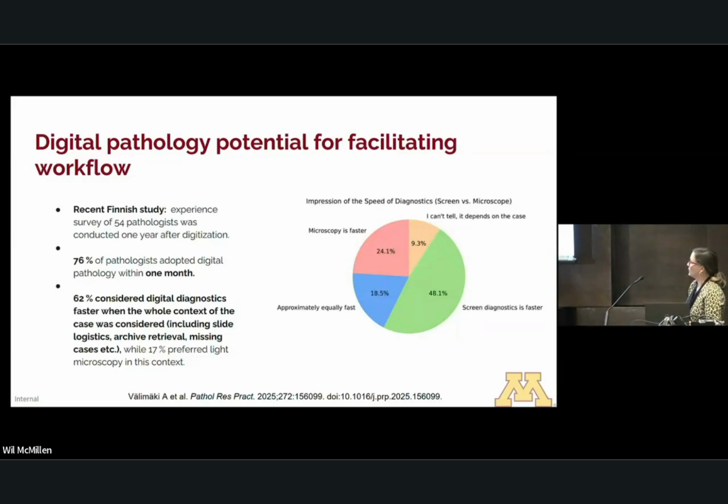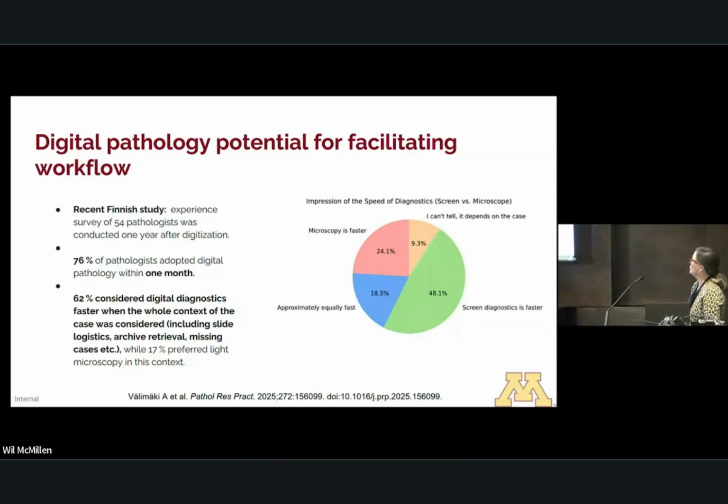Notably, this was a pretty rapid adoption process, with three quarters adopting digital pathology within a month. Overall, in the survey, the majority considered digital diagnostics faster within the whole context of the case logistics, with a minority, 17%, preferring light microscopy.